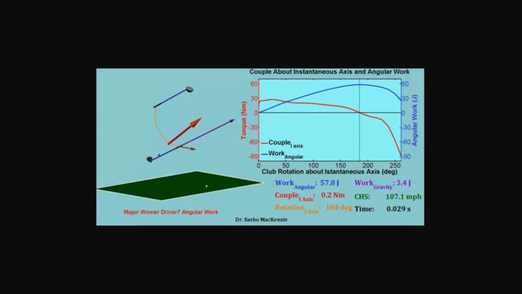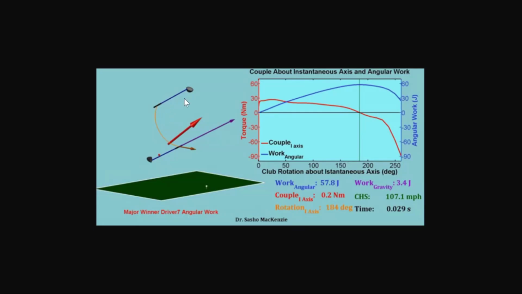What you can do during the early downswing is apply a torque in the direction of radial to ulnar deviation of the lead wrist, and I will demonstrate it. And that torque produces angular work.